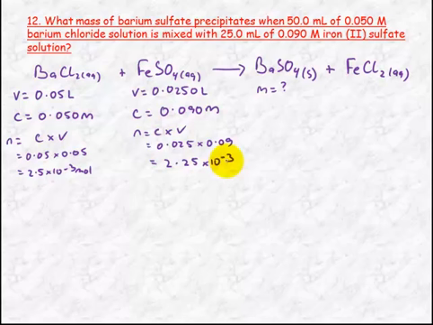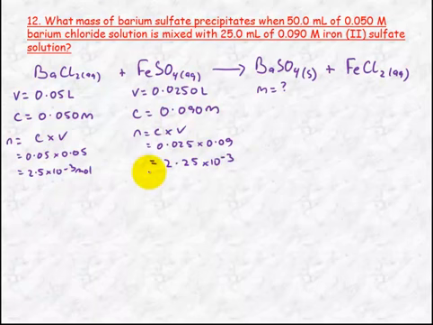Barium chloride and iron sulfate react in a 1-to-1 ratio. So this is quite an easy question, because 1 mole of barium chloride will react with 1 mole of iron sulfate. So if I have 2.5 times 10 to the negative 3 moles of barium chloride, they will react with 2.5 by 10 to the negative 3 iron sulfate.